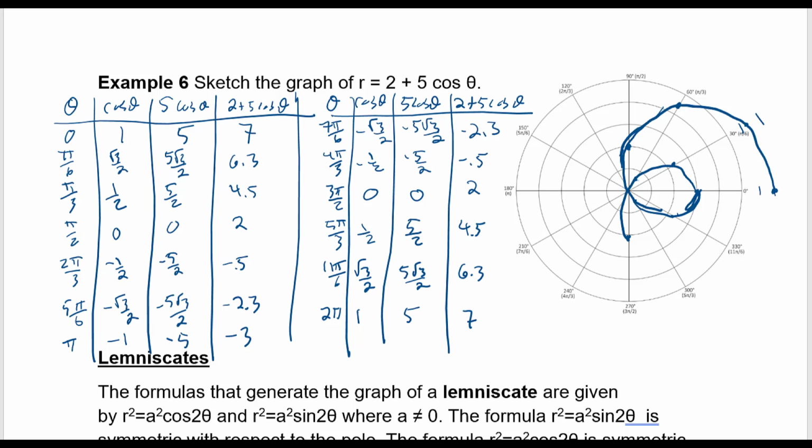Then 5 pi over 3 is here, so 4.5. And then we're at 6.3, so we're about there, and back out to 7. And there you go. There is a multi-loop or inner loop limacon.